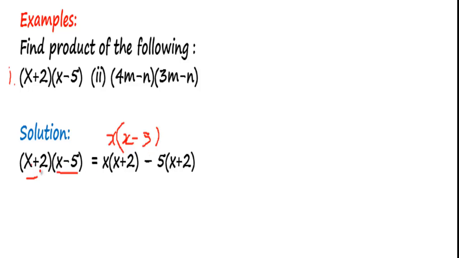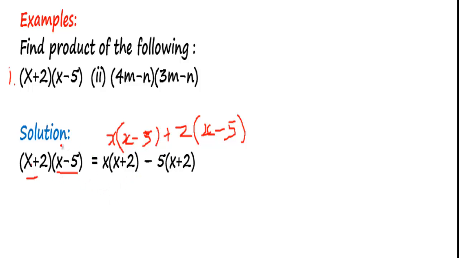You are now going to take plus 2. Plus 2, you open bracket again, you put x minus 5 again. Are you seeing it now? So this is what you can do.